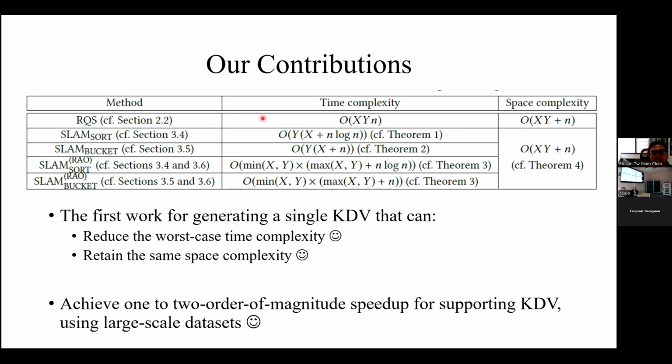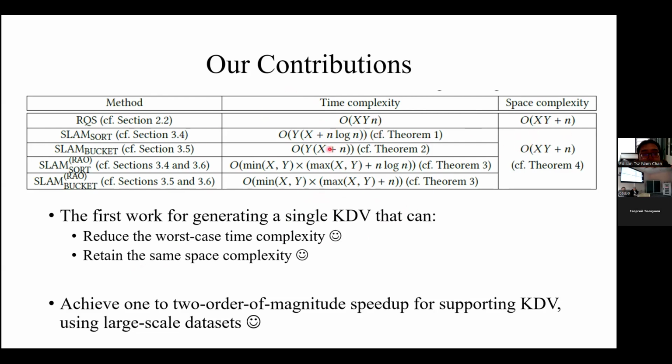So the time complexity remains O(XYN), right? In our contributions, the SLAM method is the first work for generating a single KDV that can reduce the worst case time complexity. For example, this is O(XYN), and this approach is O(Y times X%). The time complexity is reduced and the space complexity is the same.